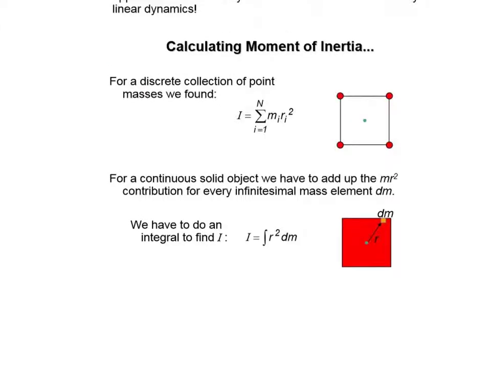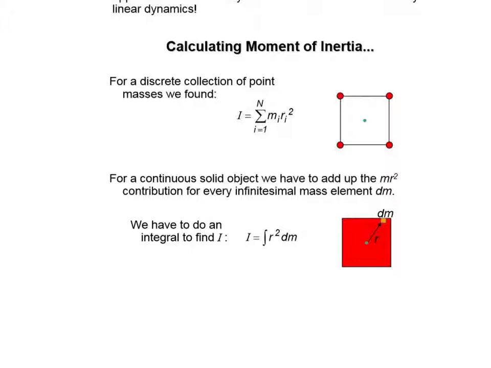Finally, for a discrete collection of point masses, we can calculate the rotational inertia, or moment of inertia, I. But if we are working with solid objects, which would be a continuous distribution of point masses, then we have to add up the m r squareds for every infinitesimal piece element dm.